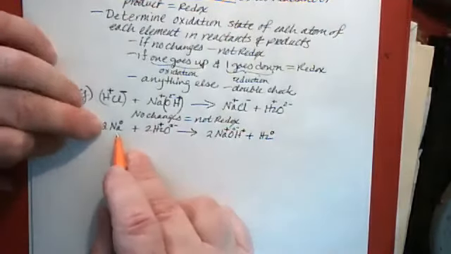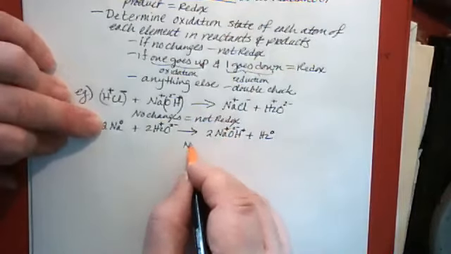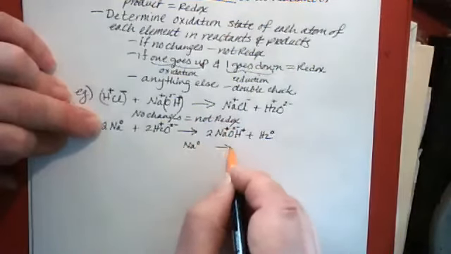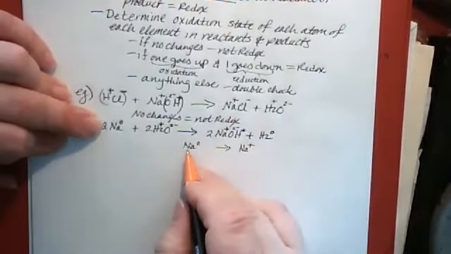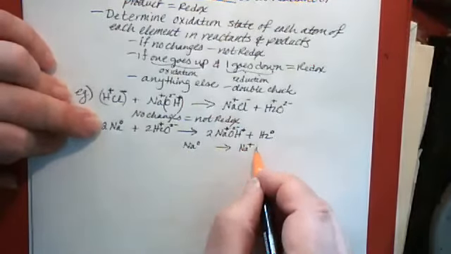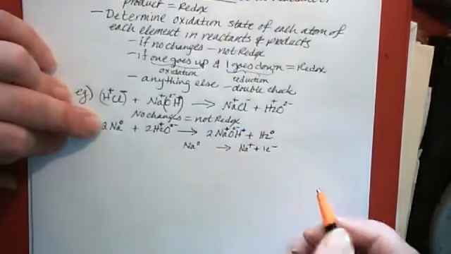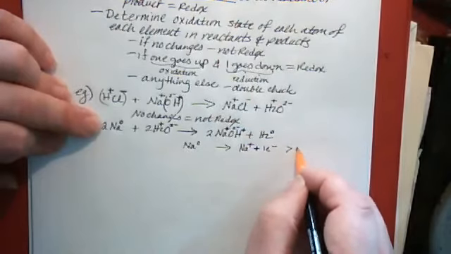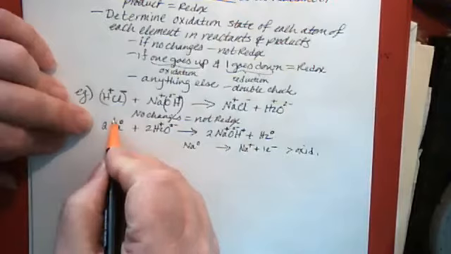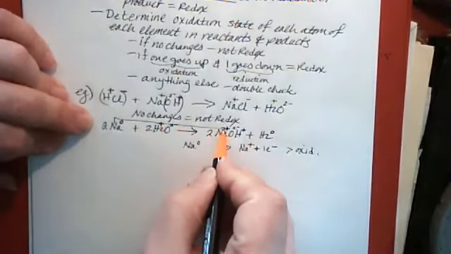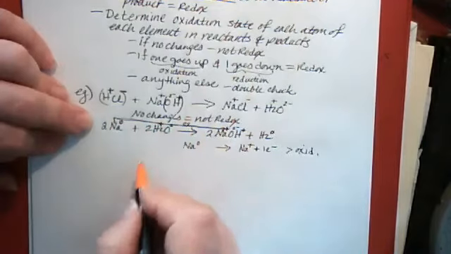So we've got sodium starting out at 0 and ending up at +1. In order for sodium to go from 0 to +1, that means that sodium must have lost 1 electron. Losing an electron is oxidation. Okay, so there's your oxidation right there.